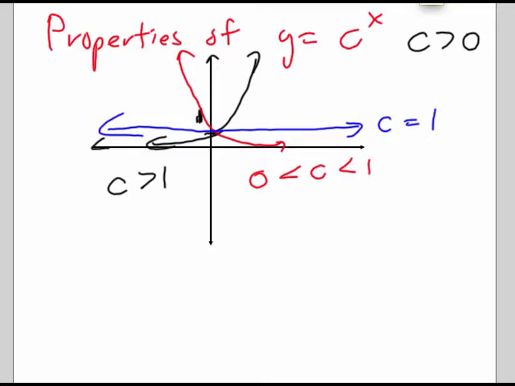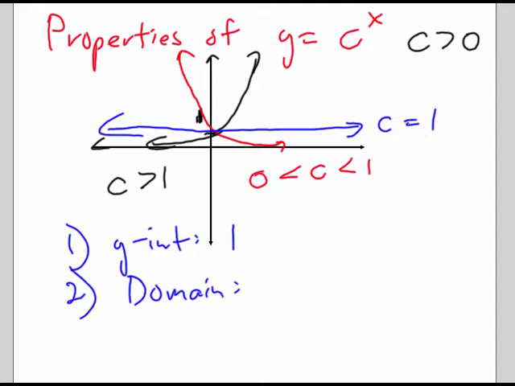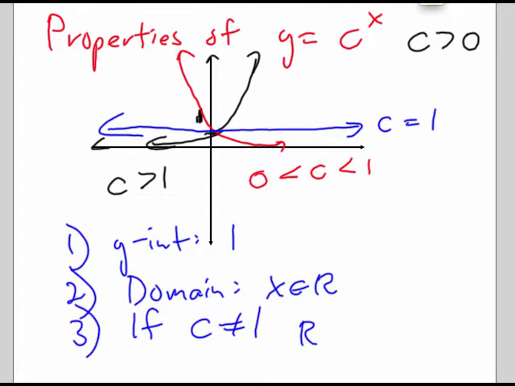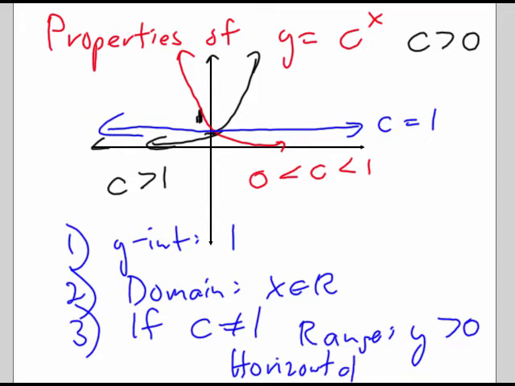We have a linear graph. So some major properties of this graph. First of all, the y-intercept is 1. The domain is all reals. And as long as c isn't 1, the range will be values of y which are greater than 0, and it has a horizontal asymptote on the x-axis, which is the line y equals 0.